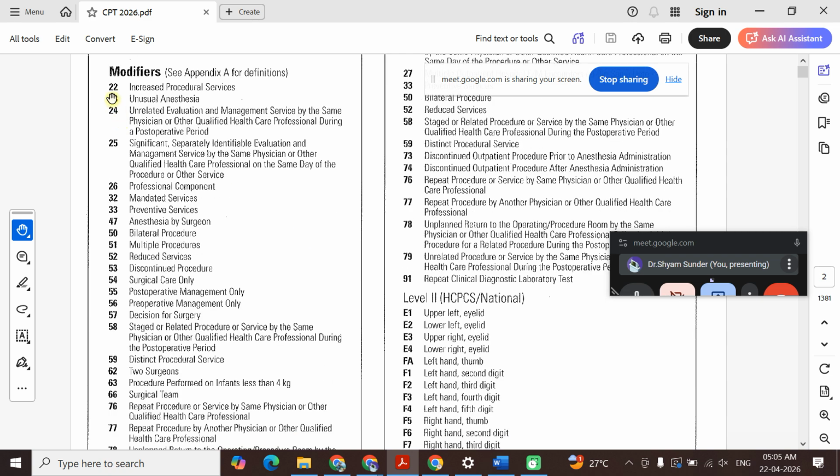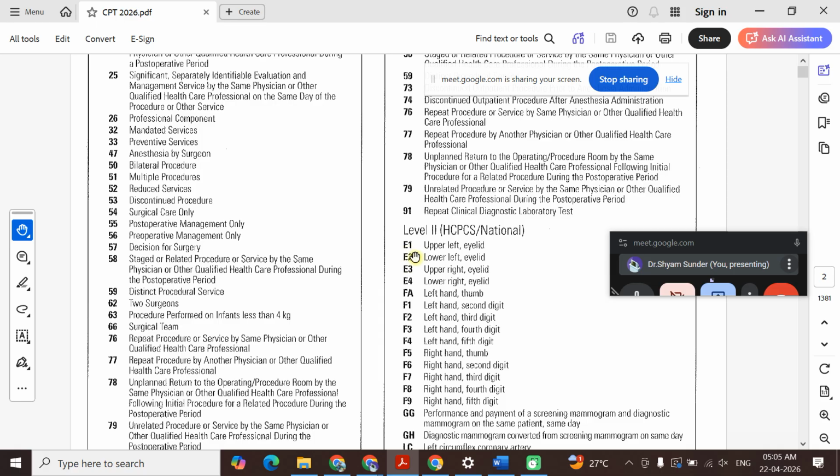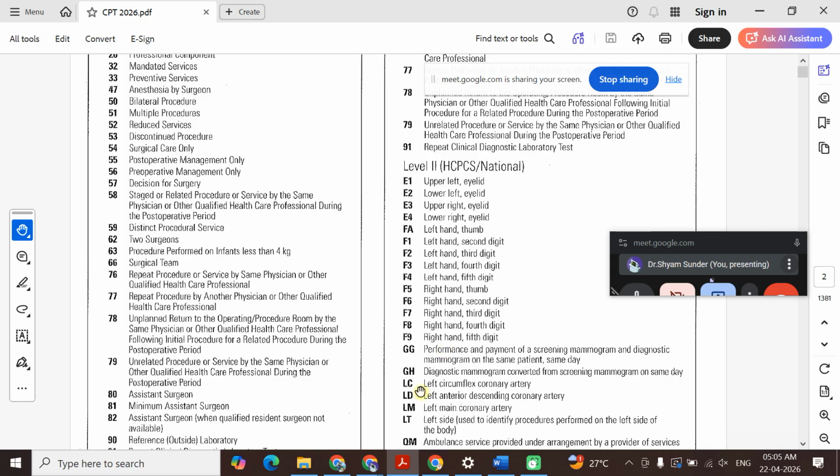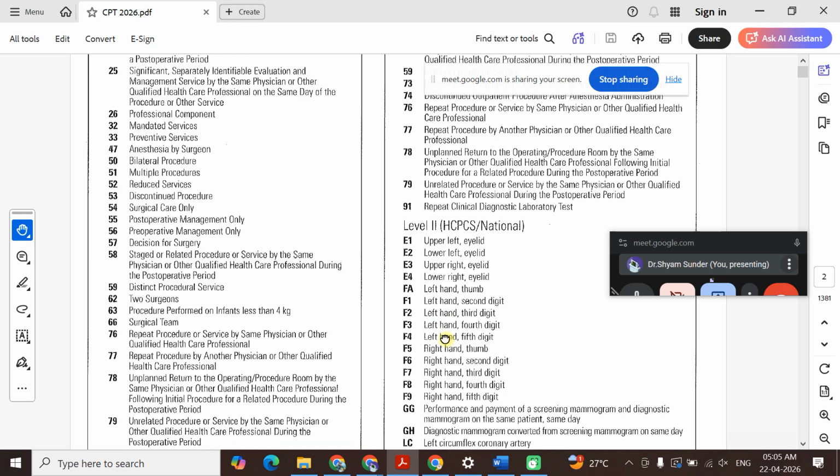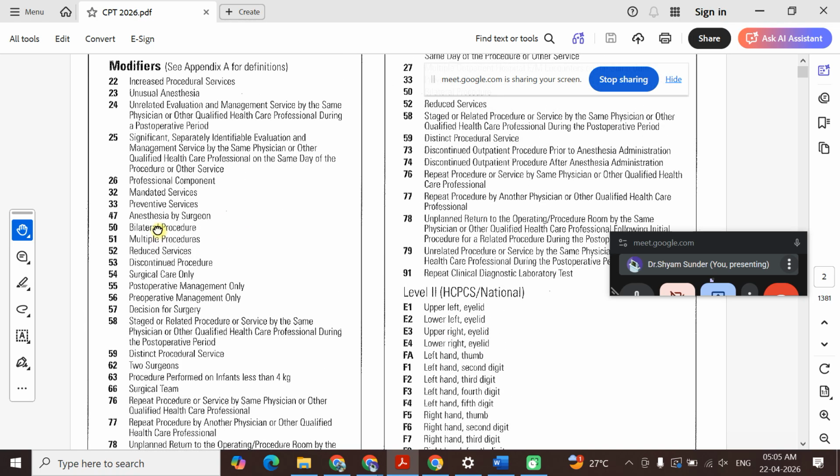When you say 22, that is totally numbers. If you look here, E1, upper left eyelid, that is alphanumeric, and you have some modifiers that are totally alphabets, like GG, GH, LC. So these are the modifiers. Modifiers are two-character codes that provide additional information about a particular procedure. That is the definition of a modifier.